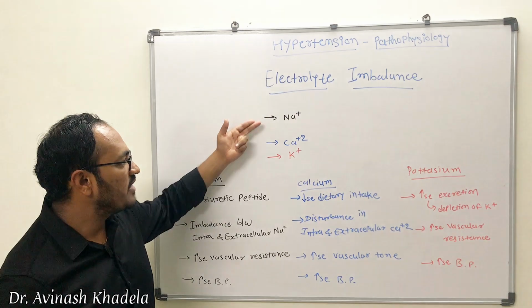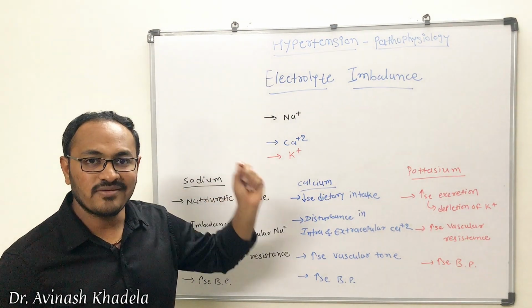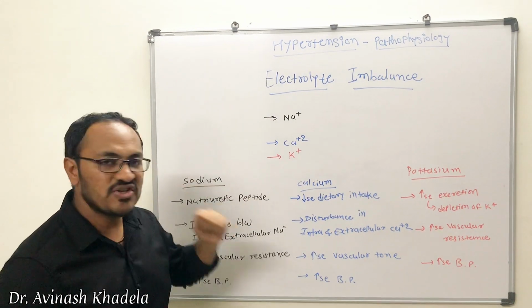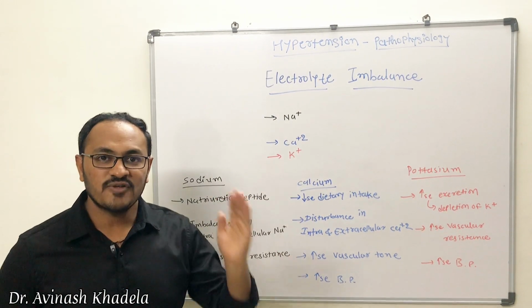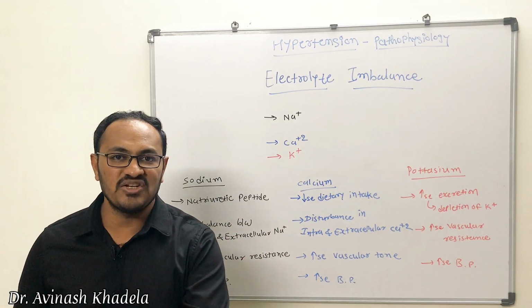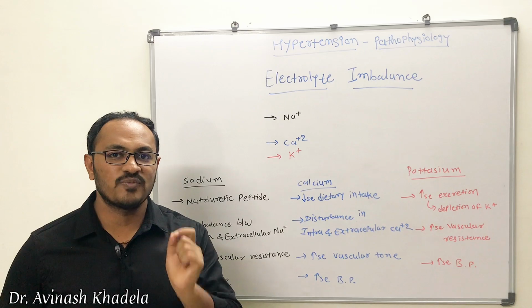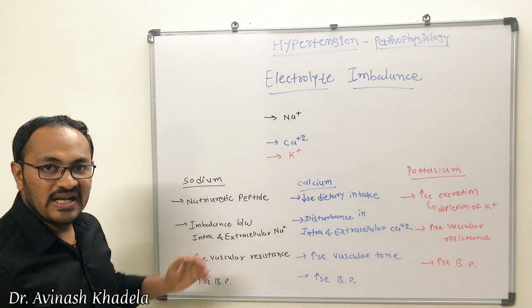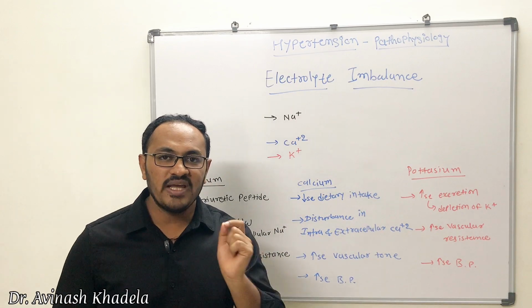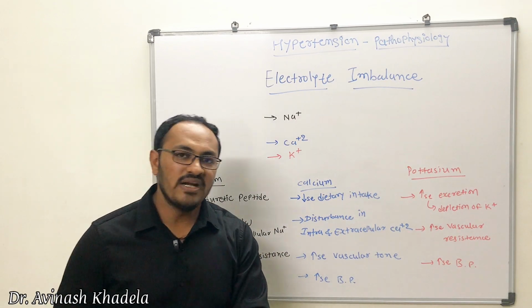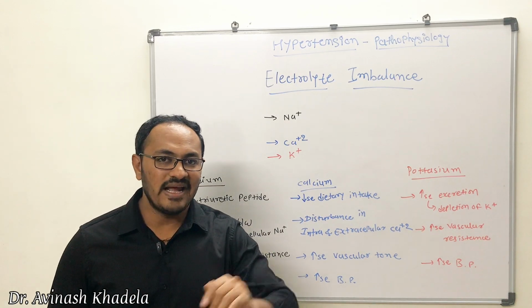We have sodium, calcium and potassium, where sodium and calcium are extracellular cations, whereas potassium is an intracellular cation. These electrolytes are responsible for generation of action potential and mediate contraction as well as relaxation of vascular smooth muscle. Let us discuss how sodium, calcium and potassium play an essential role in maintaining the normal integrity of blood vessels and blood pressure.